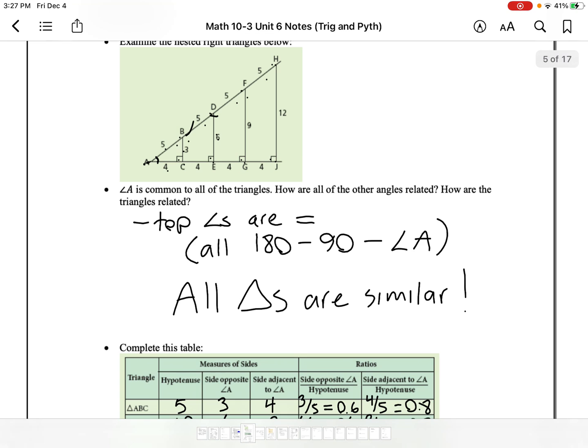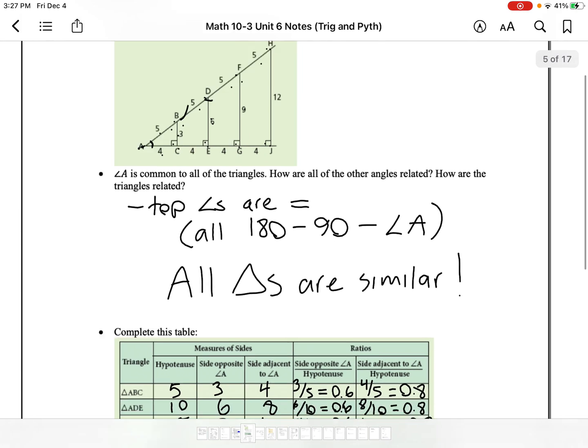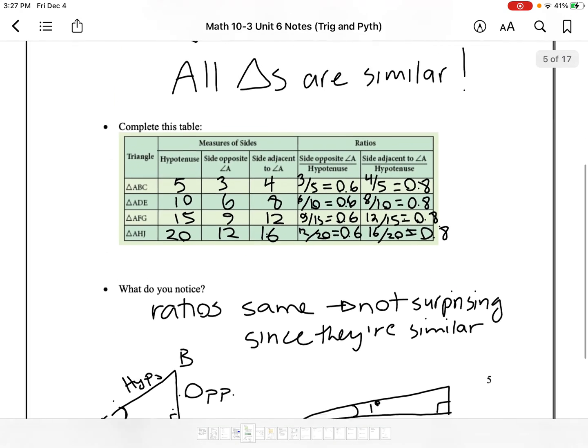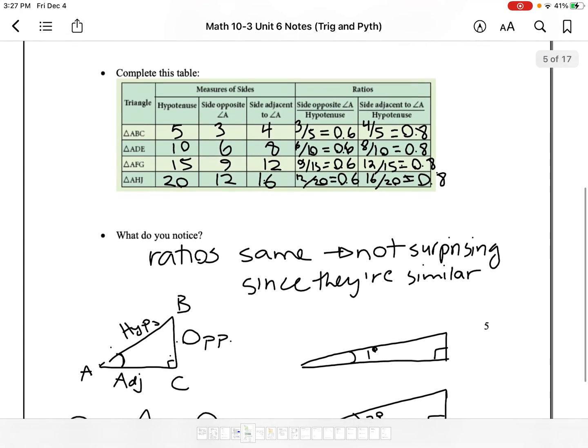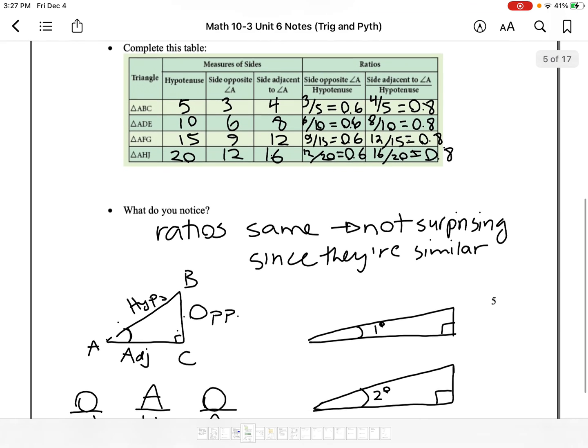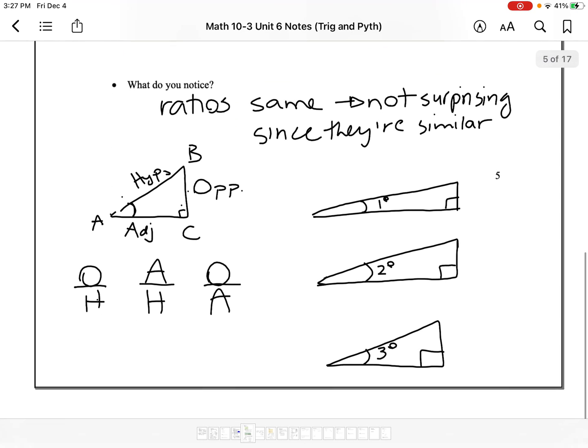And then also the one that's adjacent to angle A in each triangle. That's the one that's beside. So for example, in triangle ABC, it's the side length of 4 to the hypotenuse. And again, surprise, surprise, we saw that all of these ratios were equal. So again, not very surprising.